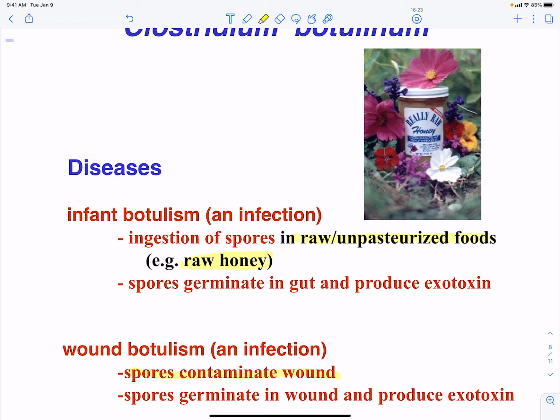Now, infant botulism is going to be the most common form of botulism in the United States. So this is the most common, and it's going to account for about 70% of all Clostridium botulinum cases.